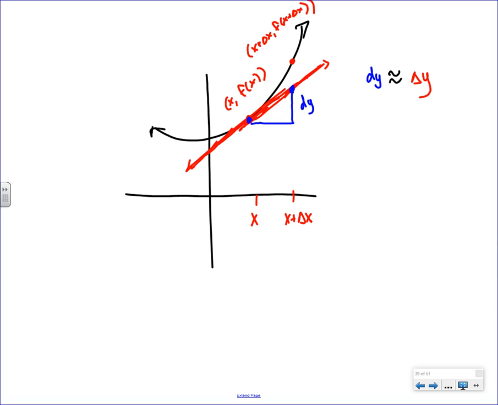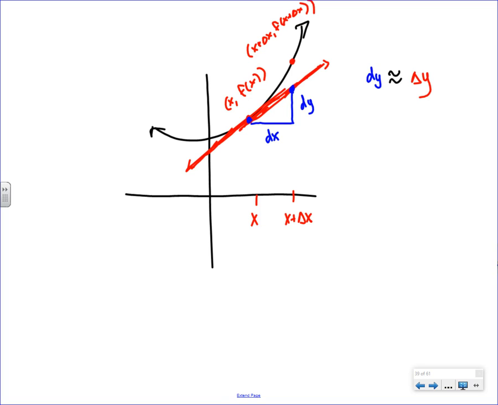Dy is the change in heights, f of x plus delta x minus f of x, but not from one function point to another function point, but from one value on the tangent line to another value on the tangent line. So dy says, oh hey, if I was to go over this dx, I would go up to the tangent line. So the only thing that changes isn't how far over, it's how far up.